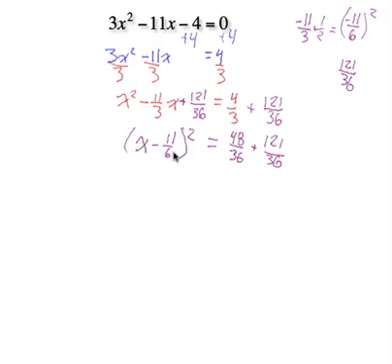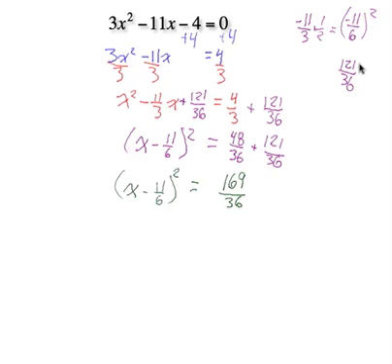Now what we're going to do is take the square root of both sides. Well, first let's finish up the right-hand side. 48 plus 121 is 169, and the denominator was still 36. And over here we had x minus 11 over 6 quantity squared.